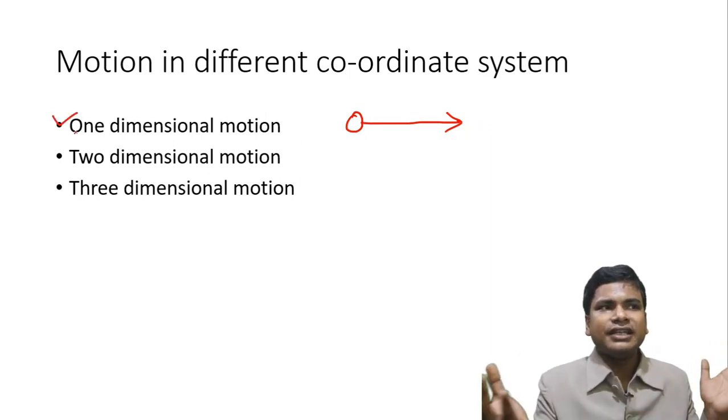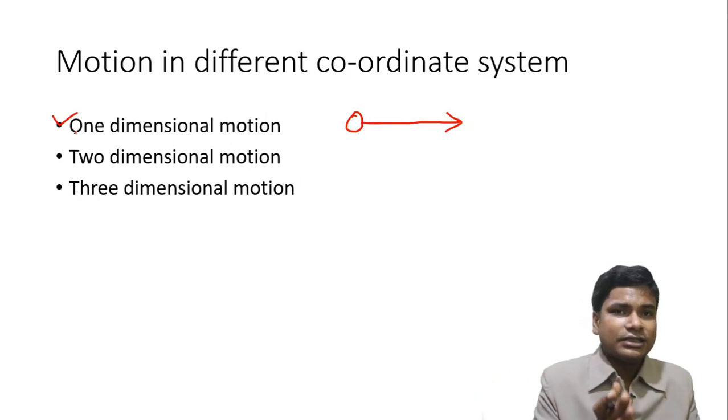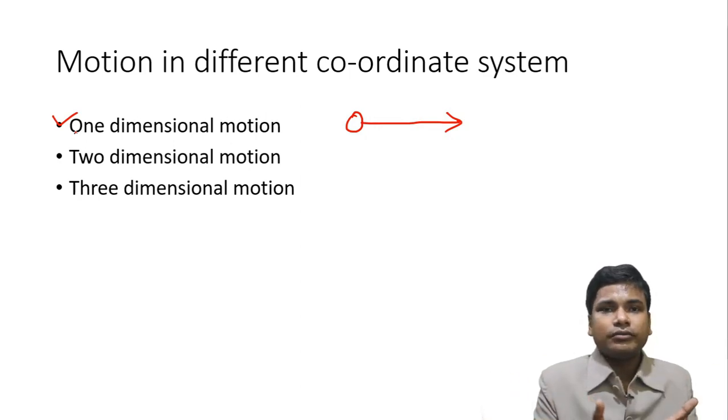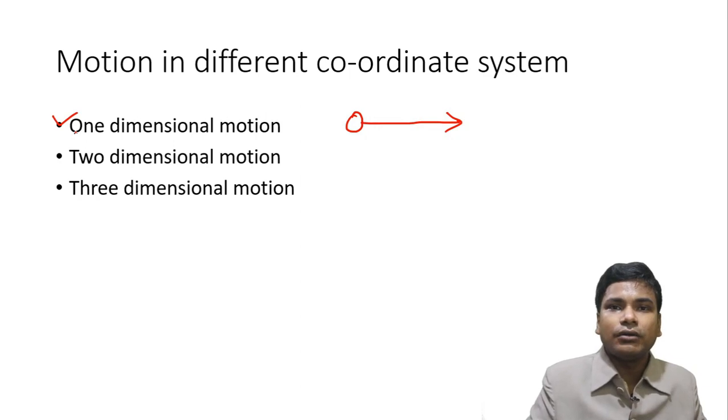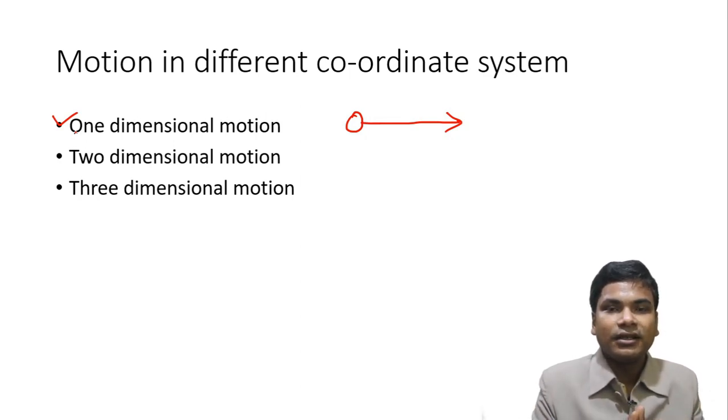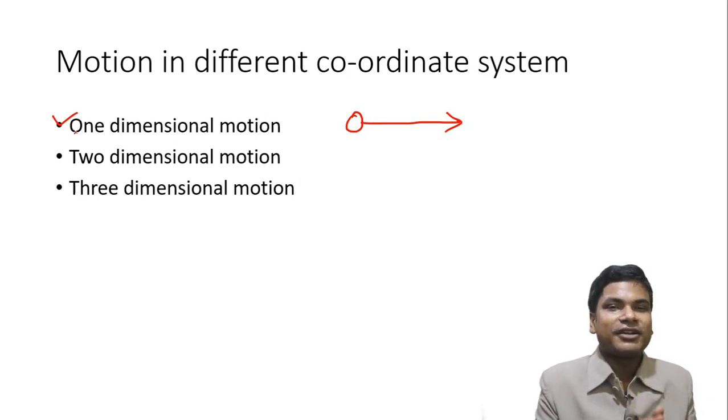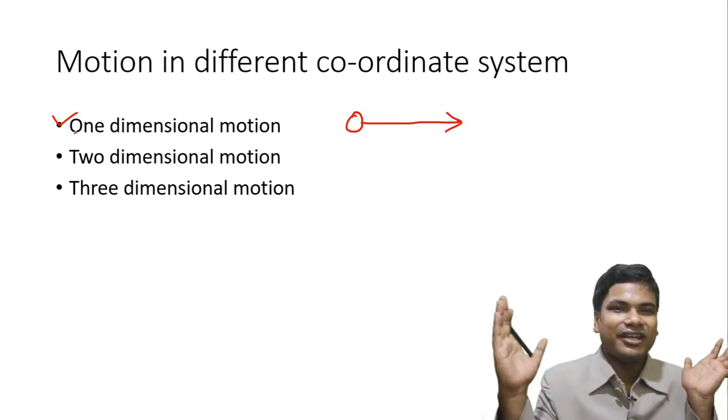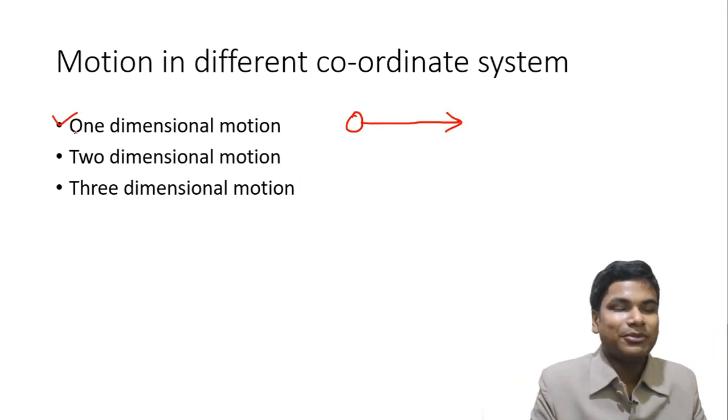Now what could be the example of two-dimensional motion? Suppose a player moving around the ground on the cricket field, that could be an example of two-dimensional motion. And for three-dimensional motion, what is the example? For three-dimensional motion, a butterfly moving around everywhere. So that could be an example of three-dimensional motion.